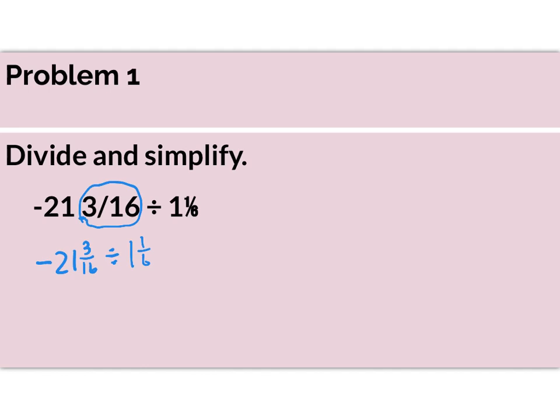So 21 times 16 is 336 plus 3 is 339 over 16 divided by 7 over 6, negative. And we're going to have to flip the fractions. So negative 339 over 16. Change the divide to multiply. Flip the fraction upside down.